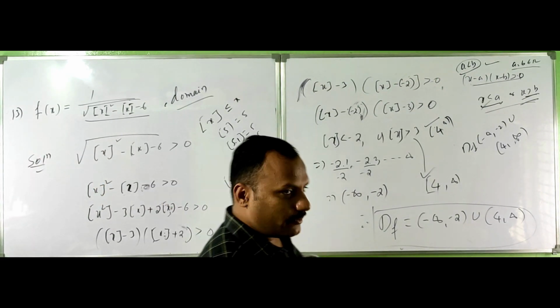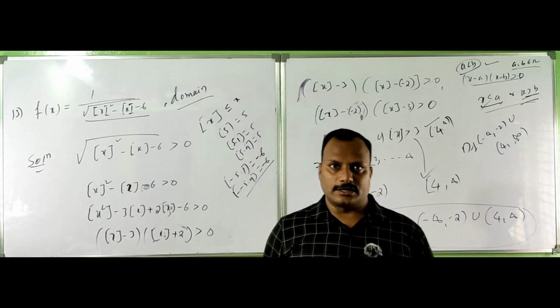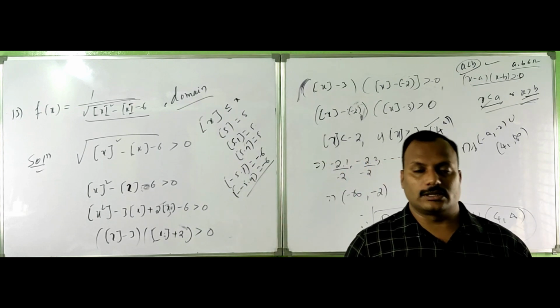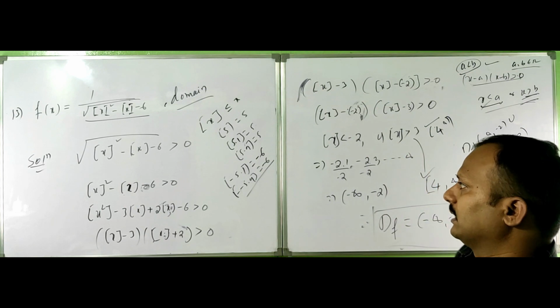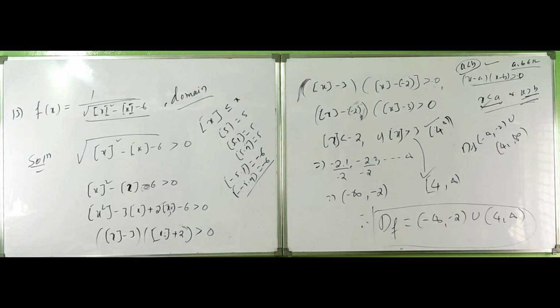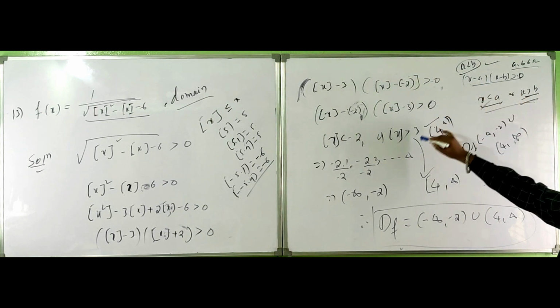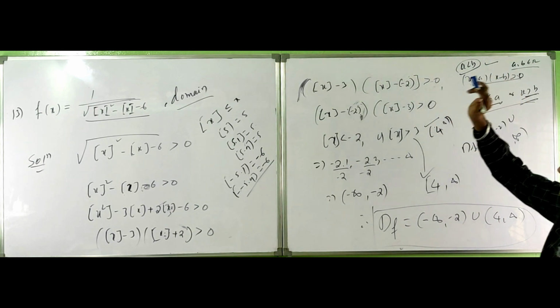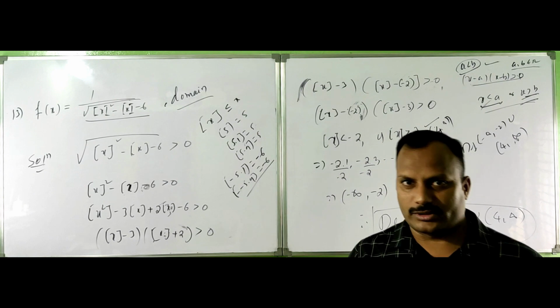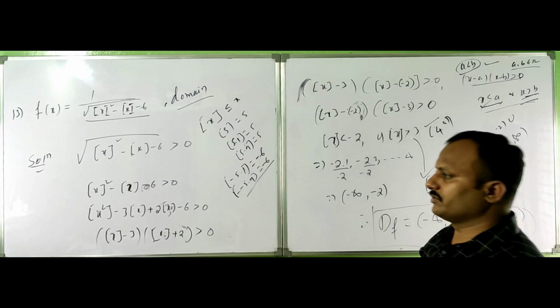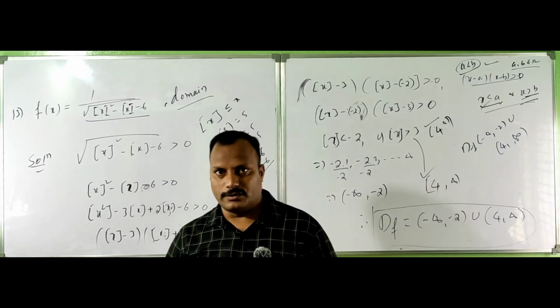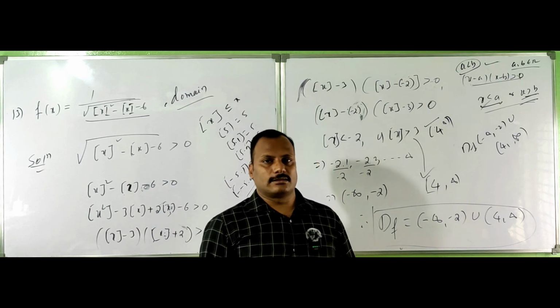While solving mod functions, positive integer functions, positive value functions, and logarithm functions, we should be very careful. This is the formula. If you are writing this, the condition is x minus a less than b. In books, they will give you the exact solutions, whatever it may be. But here we have to understand why it is so at every step.